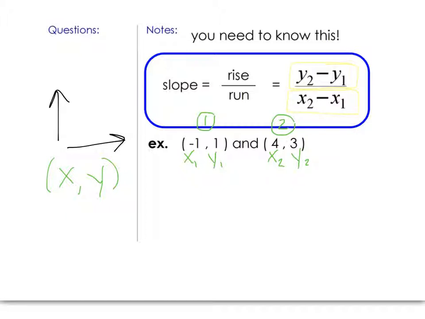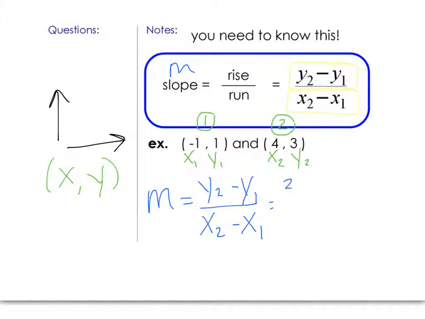So if I want to find just the slope between these 2 points, I say that slope equals m. That's another letter we use for slope. So m equals y2 minus y1 over x2 minus x1.